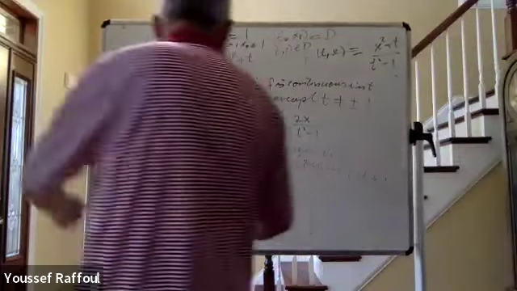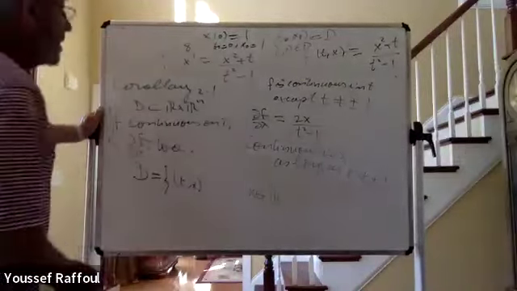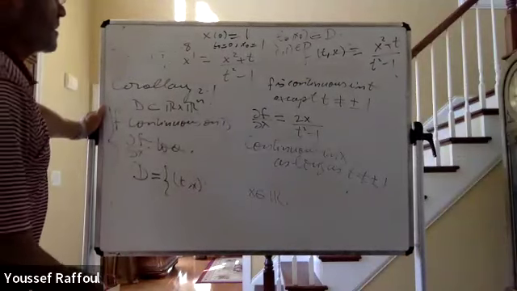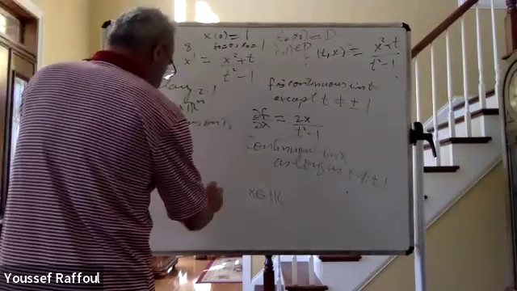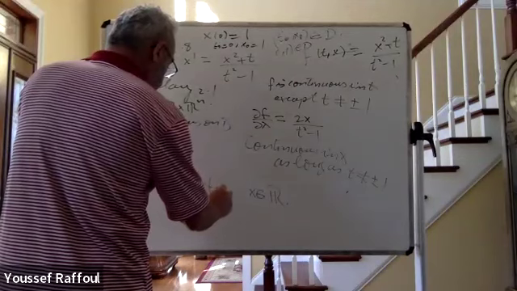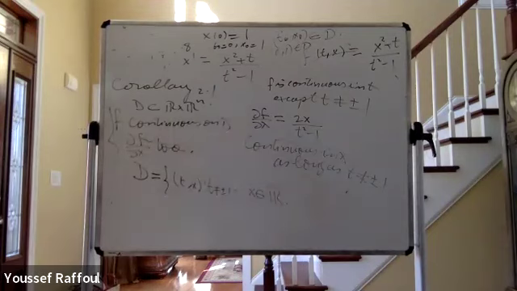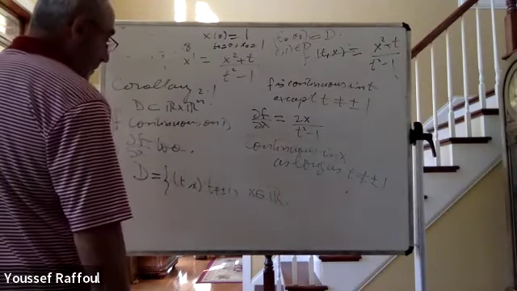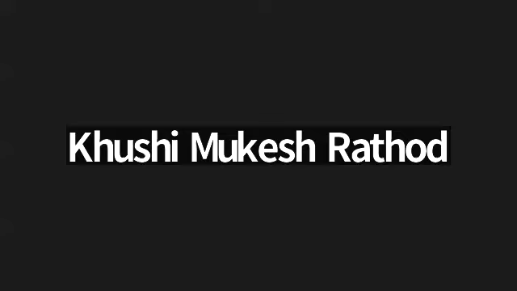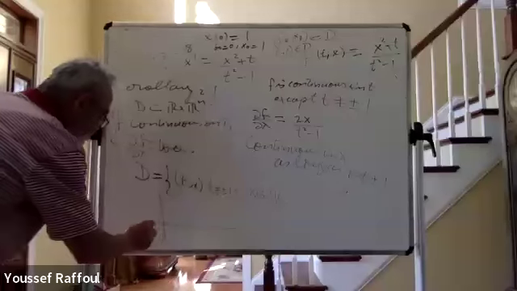Okay? So it's all t such that t is different from plus or minus 1 and x is in R. So I would take it like that.